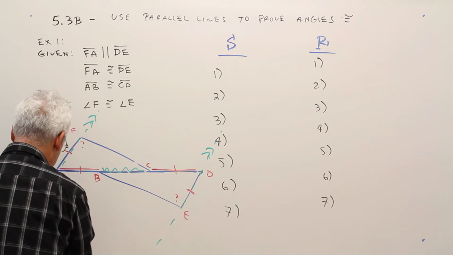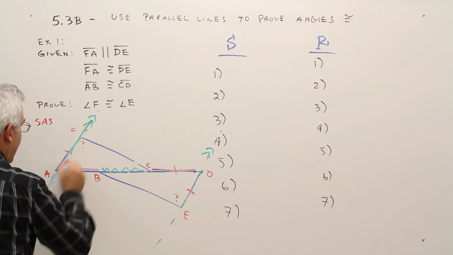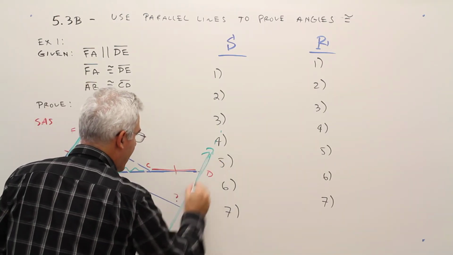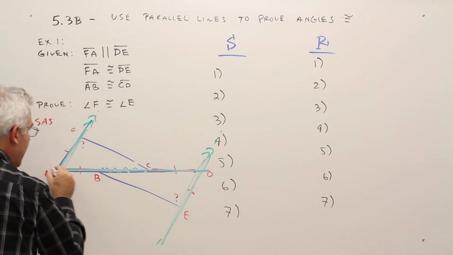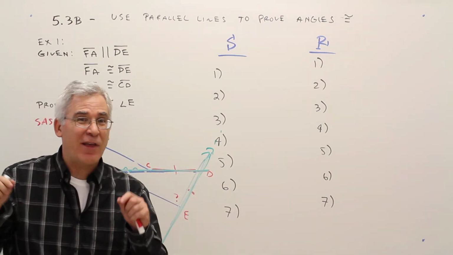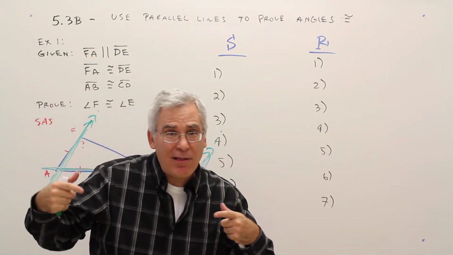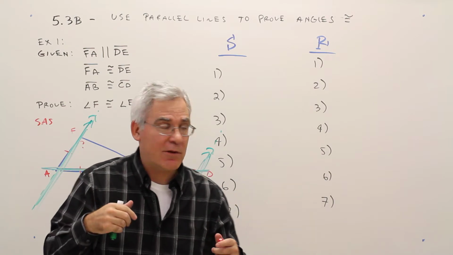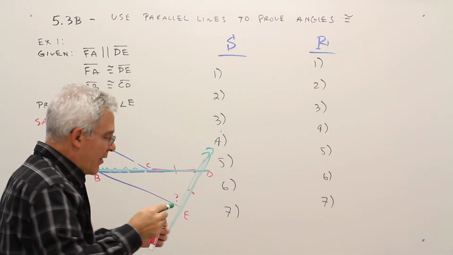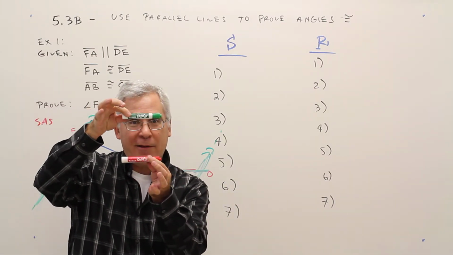Oh, once again, I've got a parallel line here, a parallel line here, and a transversal here. So whenever you've got angles that are connected by parallel lines and a transversal, that's a clue to use these theorems we just discussed. It's easiest for students to see the parallel lines when they're horizontal.